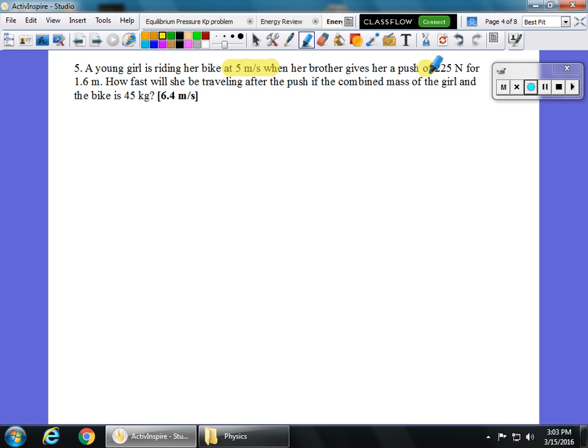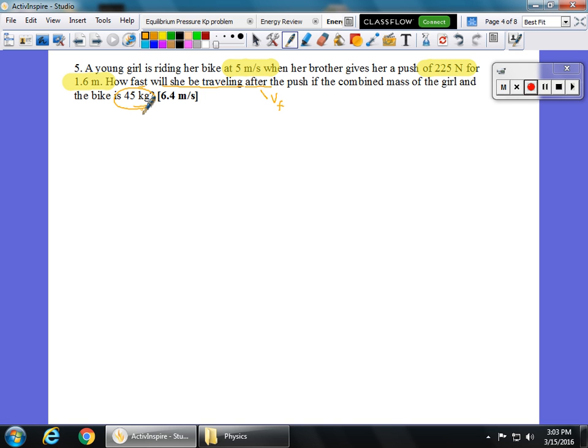The brother's pushing her with 225 newtons. That's a force over a distance of 1.6 meters. And we're looking for the final velocity. It says how fast will she be traveling after. That's the final velocity. Now they also give her her mass here. We're going to need that as part of this problem, her and the bike together.